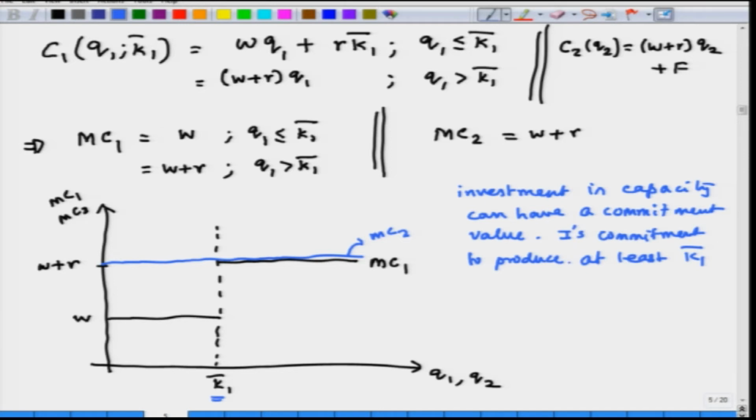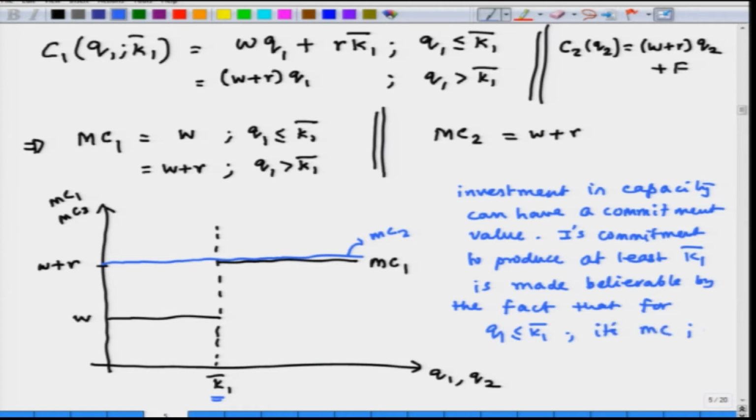So, I's commitment to produce at least K1 bar is made believable by the fact that for Q1 less than or equal to K1 bar, its marginal cost is lower than that of the entrant, right.